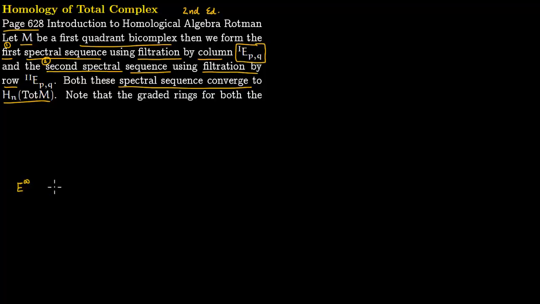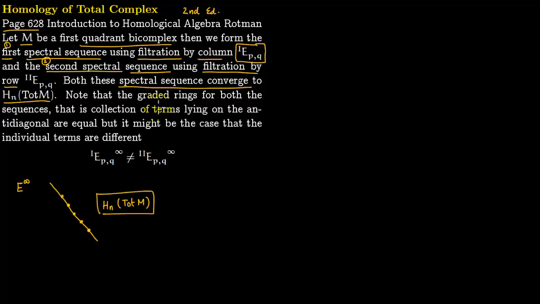On page infinity, on the anti-diagonal lie the homology groups. You take the direct sum of the elements lying on the anti-diagonal, and you get Hn of our total complex. Now this Hn is a graded ring because it's the direct sum of all these elements lying on the entire diagonal.